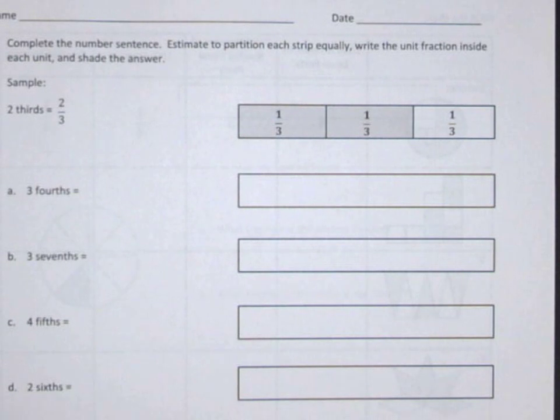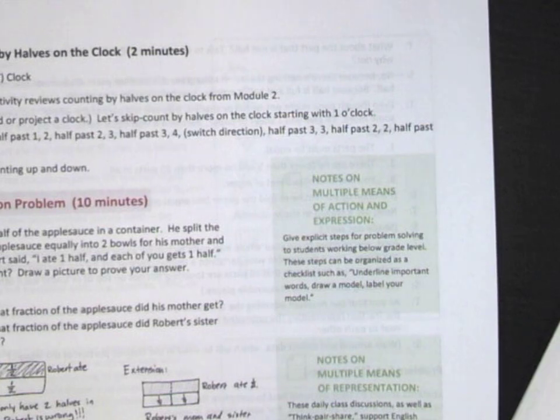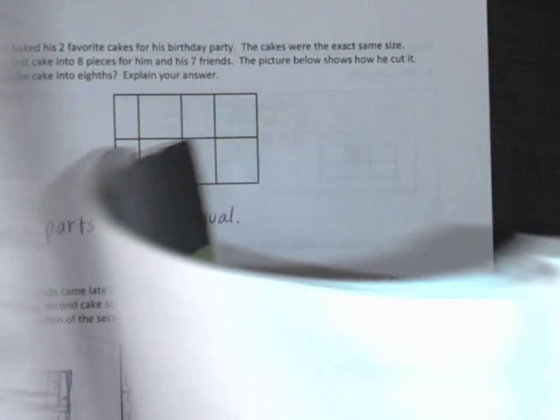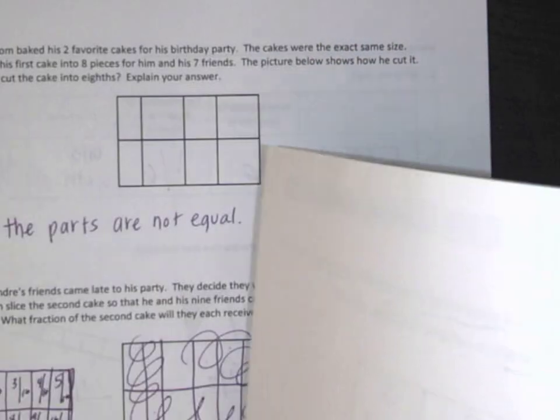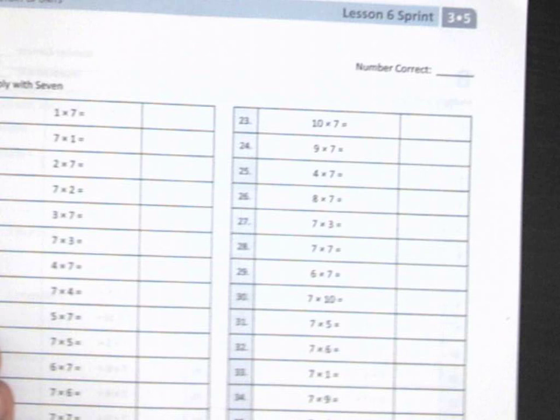Okay. At this time, before we start our problem set, you have a sprint. You have a side A and side B sprint. Sorry, let me get that for you. Show you what it looks like. Here, the lesson 6 sprint.